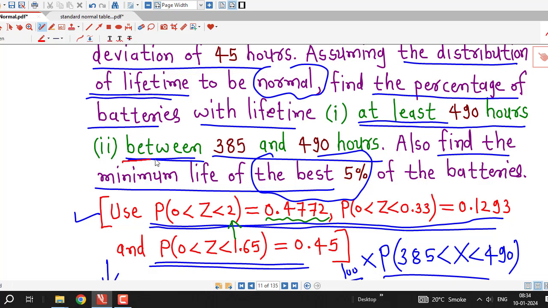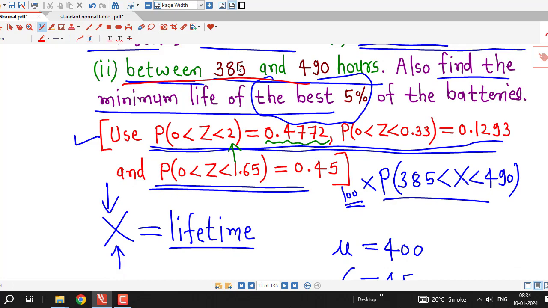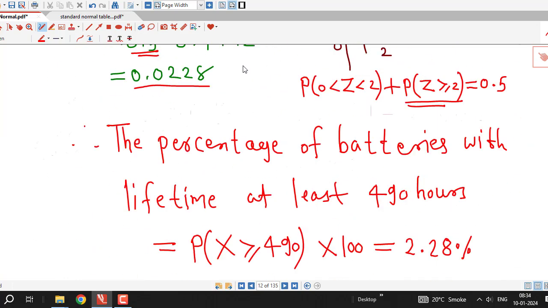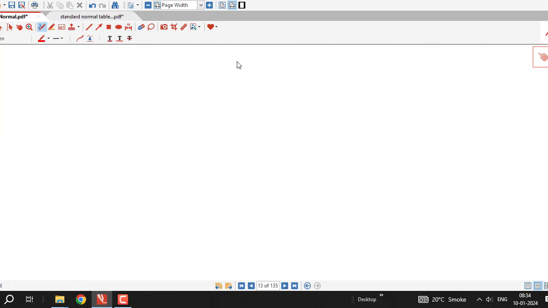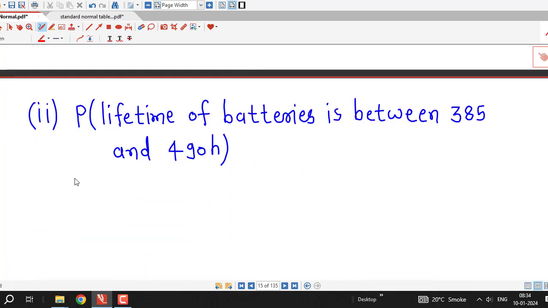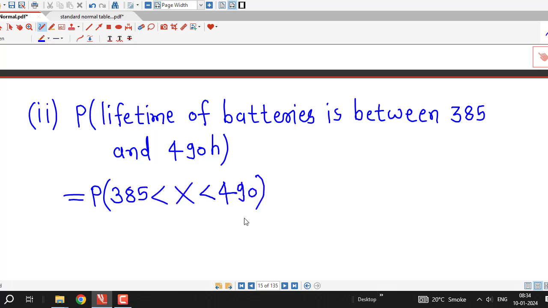This is first part, that the percentage of batteries, find the percentage of batteries with lifetime at least 490 hours. Now we move to the second part, that we have to find the percentage of batteries with lifetime between 385 and 490 hours, and then we can first find out the probability. So I have written that also. Probability that lifetime of batteries is between 385 and 490 hours, that is capital X lies between 385 and 490 hours.